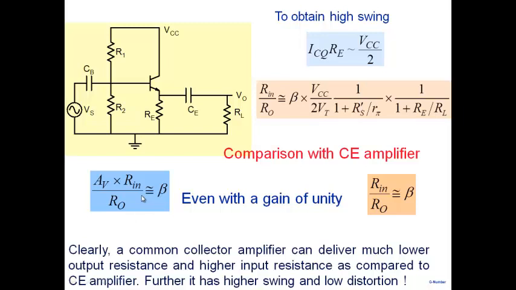You could take a common emitter amplifier, make a gain of 1. All that you could do is Rn by R0 will be equal to beta. Common collector amplifier will give you Rn by R0 equal to beta times a larger quantity. So this stage sort of specializes in giving you large input resistance and a smaller output resistance. You cannot get that from a common emitter amplifier.